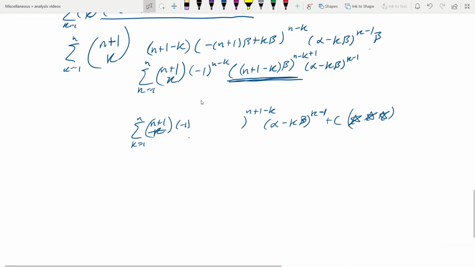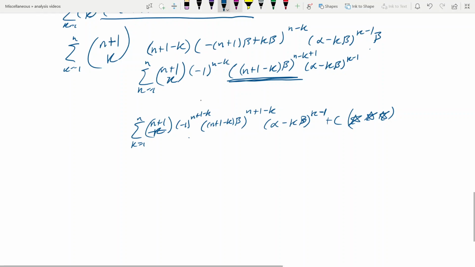So we have a negative 1 to the n plus 1 minus k. And then we have an n plus 1 minus k times beta to the n plus 1 minus k, alpha minus k beta to the k minus 1, plus c.